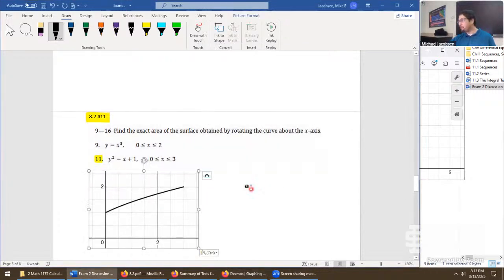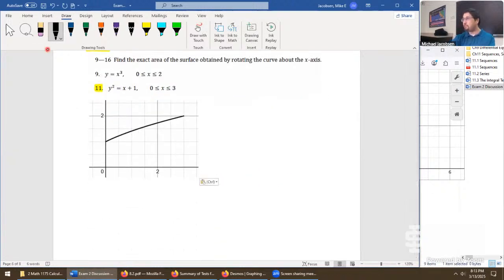This one looks pretty tricky already because of the format of the y variable, y squared equals x plus 1. So now let's write down, what is the surface area formula in this case? S is going to be an integral going from the bounds provided, 0 to 3. And then it's going to be 2 pi, let's pause right there, and consider the direction we rotate.